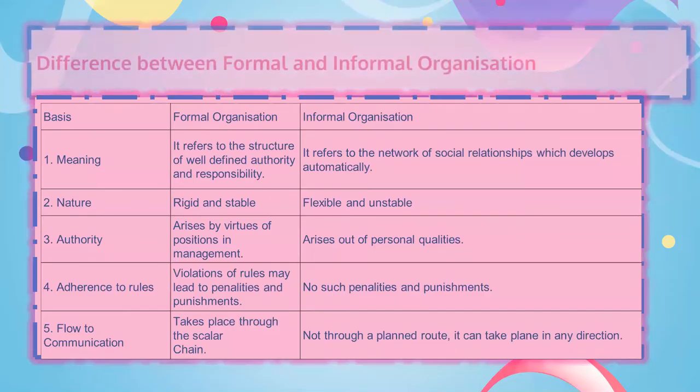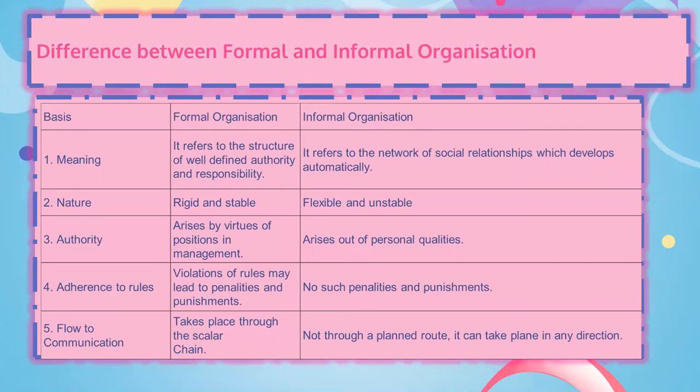organization. Now, the difference between the informal and the formal is mainly the meaning, the nature, the authority, the adherence, and the flow of communication. On these bases, there is a difference between formal and informal organization. One is structured, one is not well structured; one is flexible, one is rigid; one arises by virtue of positions in the management, and one is out of personal qualities.